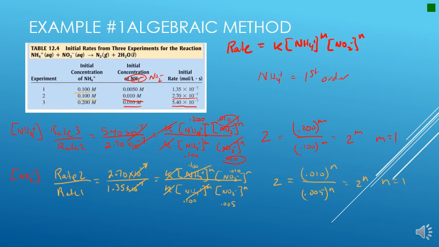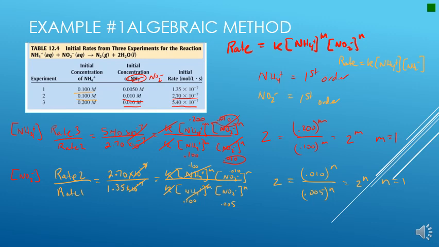So for both of these substances, they are first order. So my final answer to the rate expression, I would just simply say rate equals K times NH4 plus times NO2 minus. If it asked you for the overall order, I'd have 1 plus 1 equals 2.